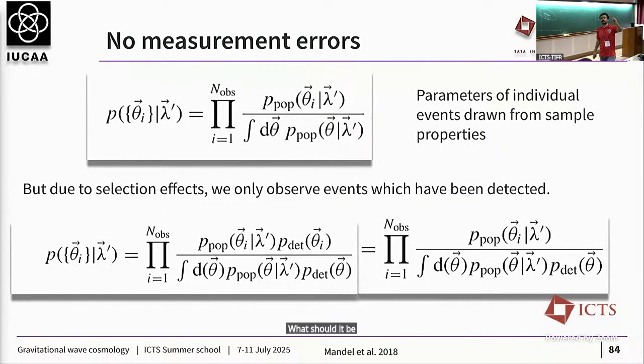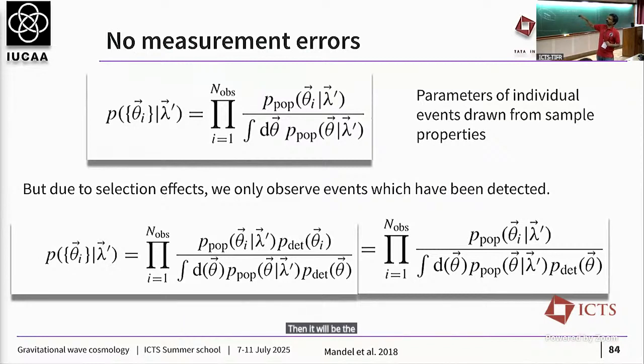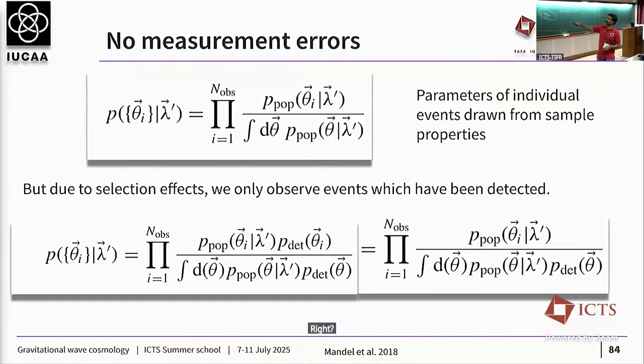Let's suppose there is only one single event, theta_i. Then it will be the population probability of whatever m that you measured for that event, divided by all possible values that you can get, right? That's how you measure probabilities.